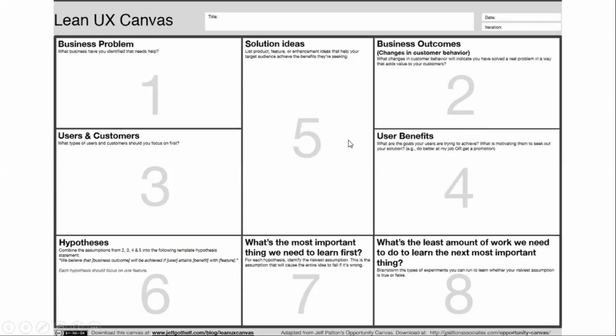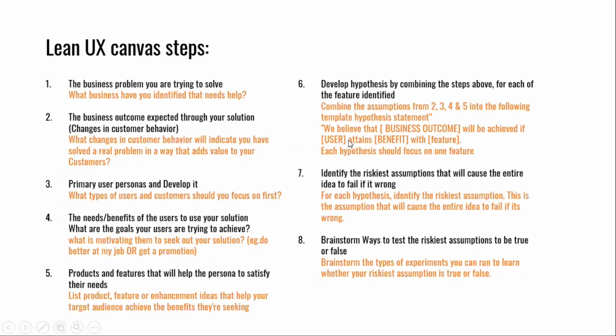You combine these things and then write a hypothesis. We believe that the business outcome will be achieved if the user attains this benefit with this feature. Each hypothesis should focus on one feature.